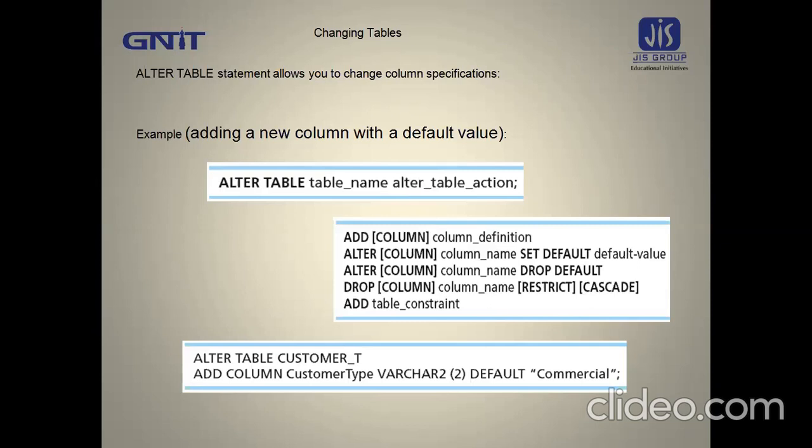So the ALTER TABLE statement allows us to change column specifications, where adding a new column with a default value is given. With the table named customer, we have added a new column named customer type, which is of VARCHAR2. The default value is commercial.